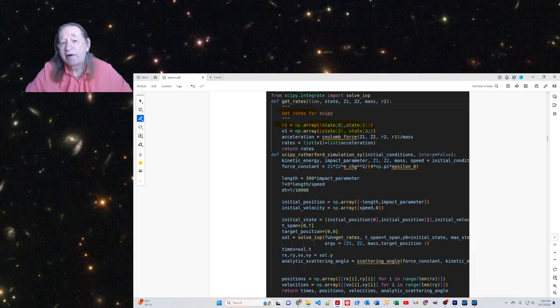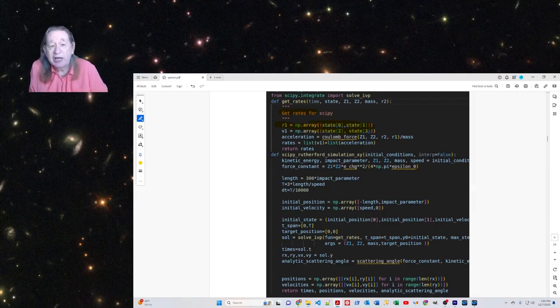By trial and error, I got the initial energy and what's called the impact parameter, and the mass and speed of the incoming alpha particle. And I'll show you the impact parameter in a moment. And then I just call this library function solve IVP.